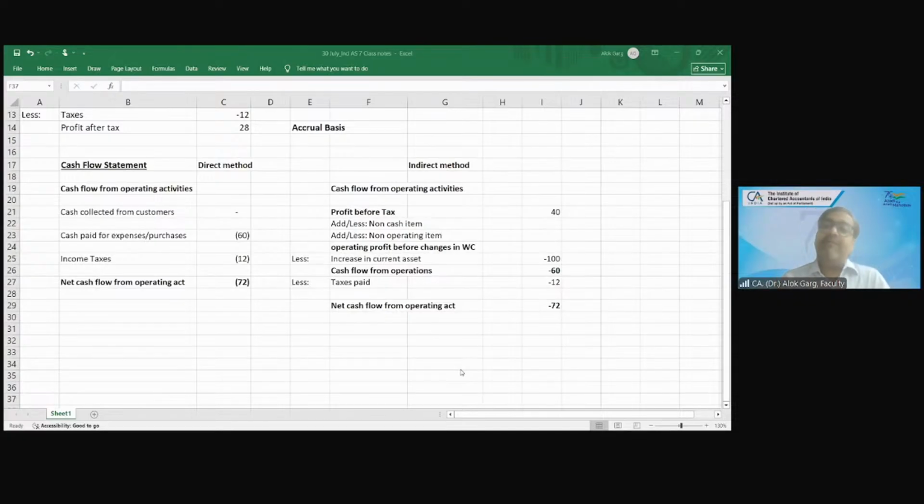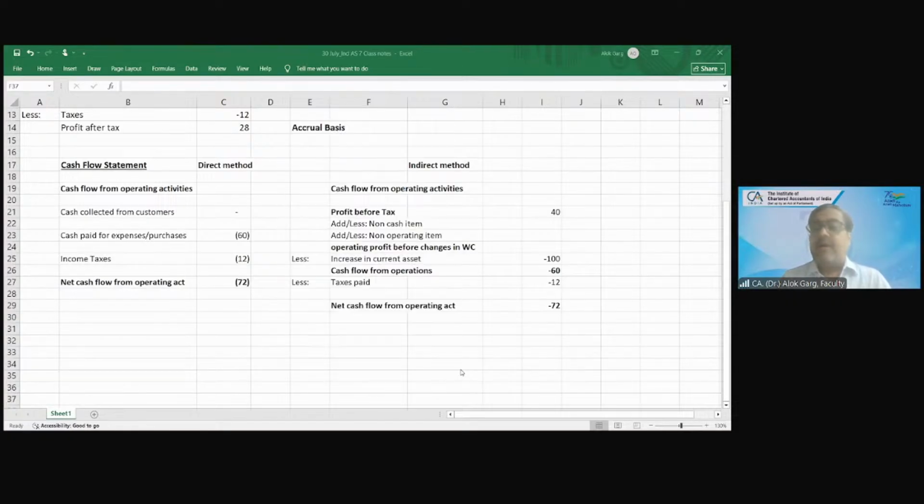Investing activity means acquisition and disposal of long-term assets and investment other than cash and cash equivalents. Investment in mutual funds: is it an operating activity or investing activity? It is investing activity.